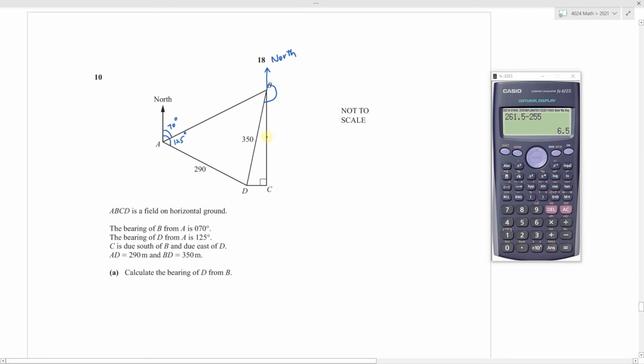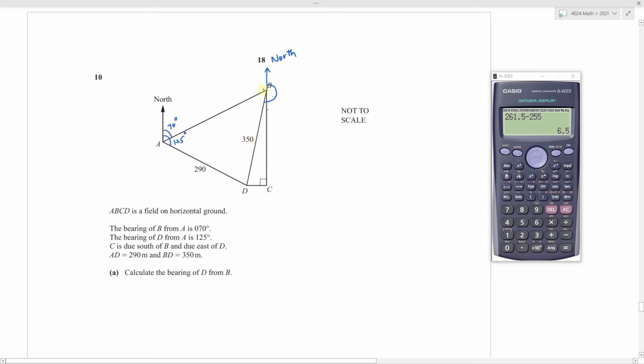I cannot find this angle directly. I know that this angle up till here is 180 degrees because C is south of B, and if I add this angle, I can find the bearing. But this is not possible since I only know one side of this triangle.